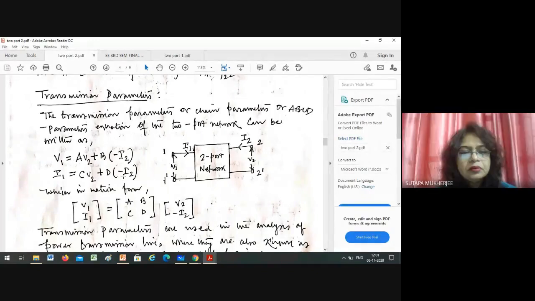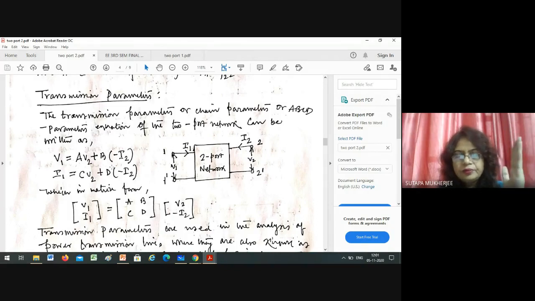So in case of z parameter and y parameter, we said V1, V2 is a function of I1, I2, and I1, I2 is a function of V1, V2. Now in case of transmission parameters you write V1, I1 equal to a function of V2, minus I2. Have you written this? You have to write this.